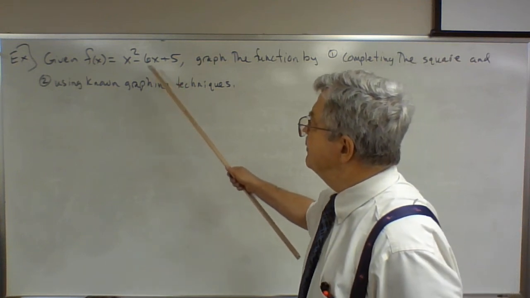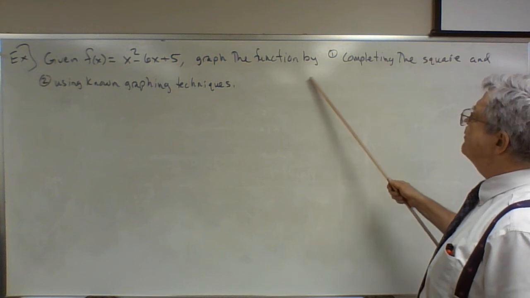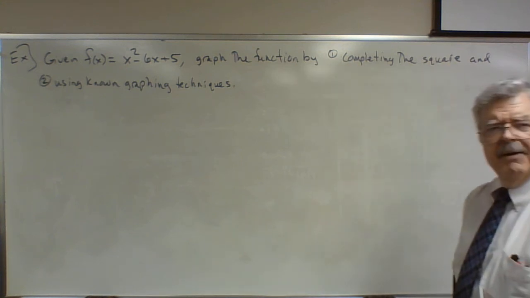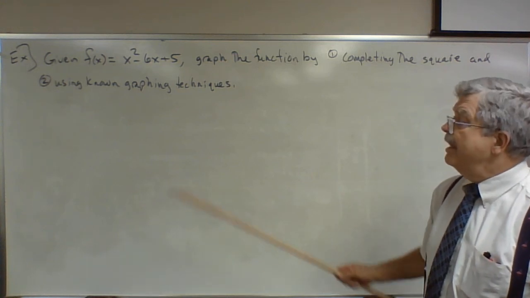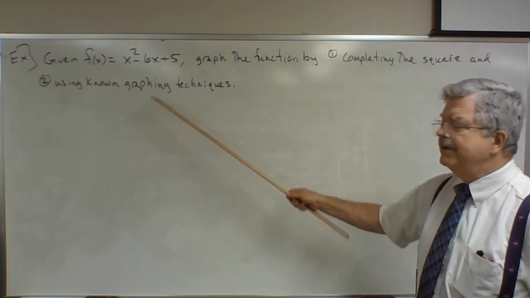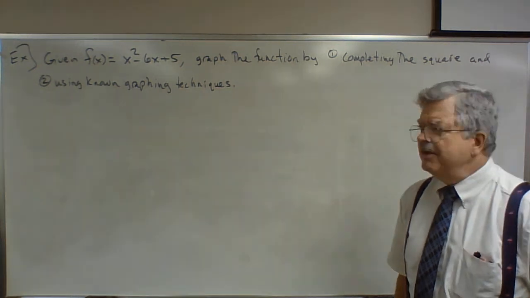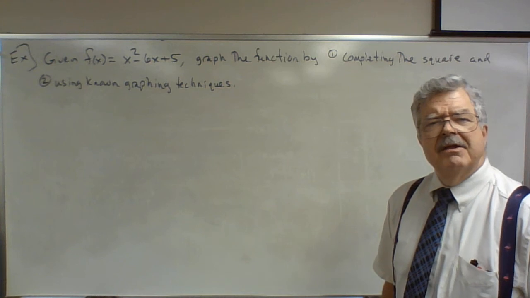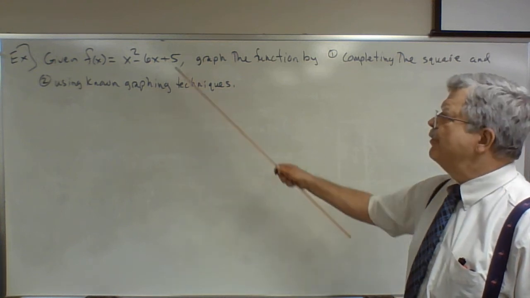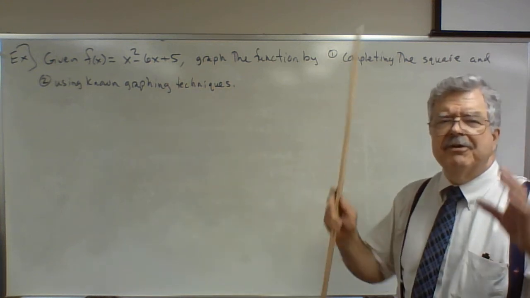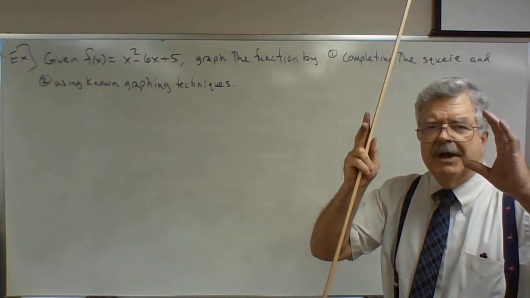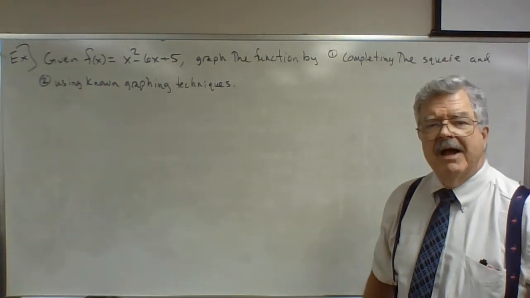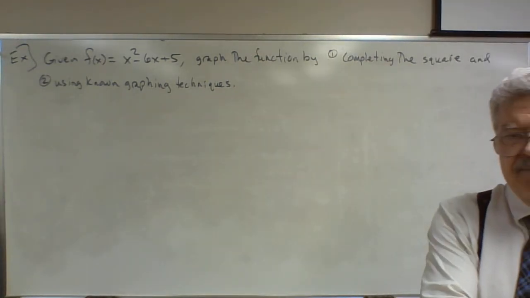But we're given this function, and it says graph the function by 1, completing the square, and then using known graphing techniques. So I think we want to complete the square here just so that we can write it in the form of x plus or minus garbage quantity squared plus a vertical shift. I think that's what they want.